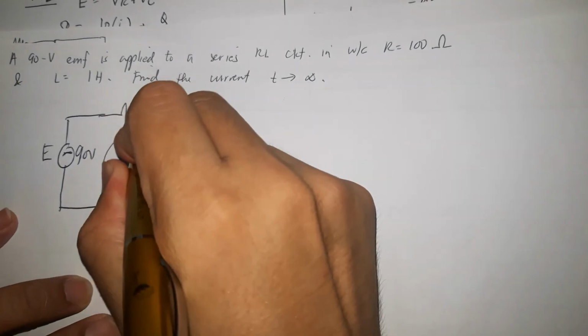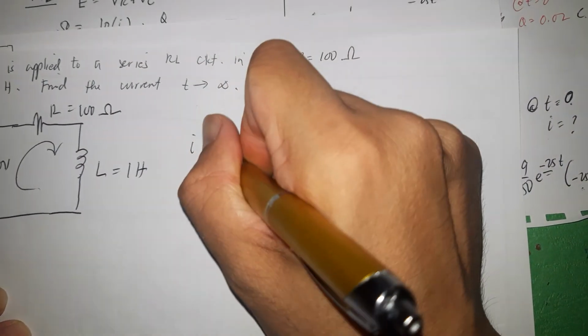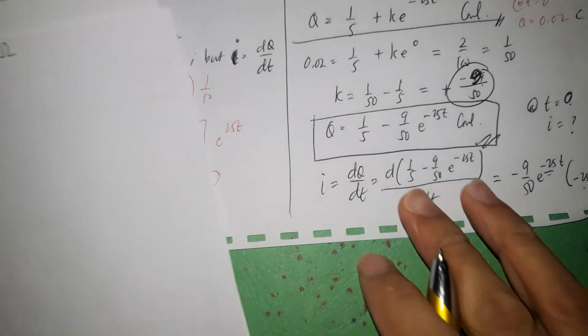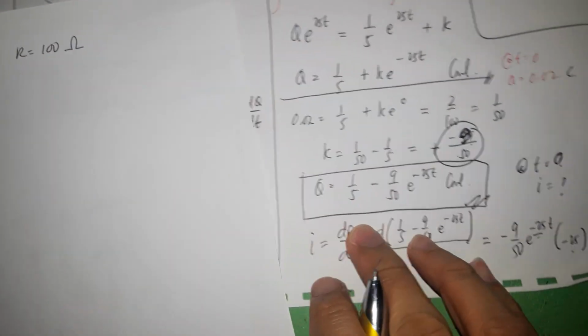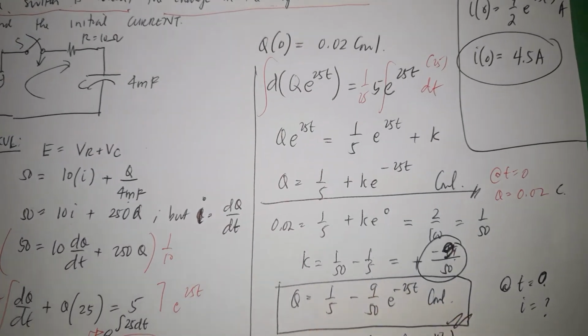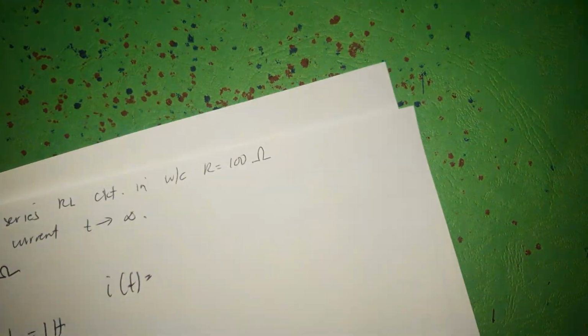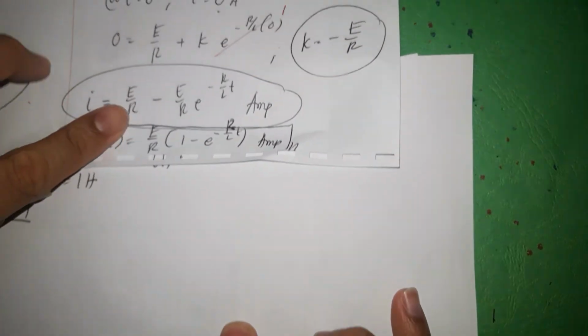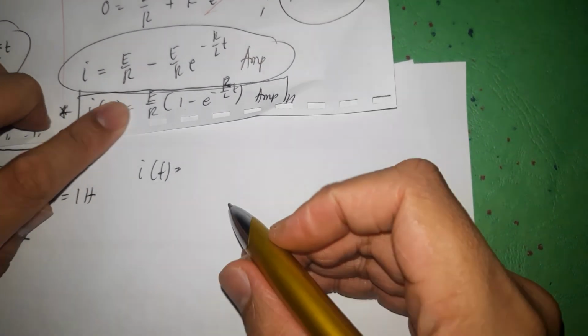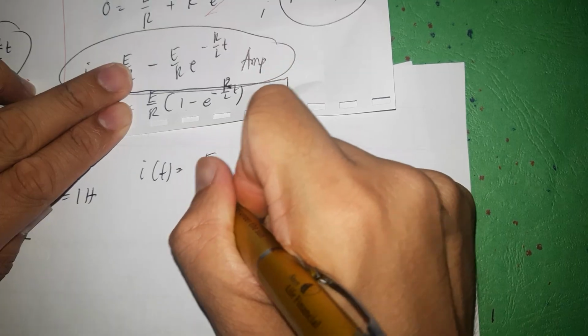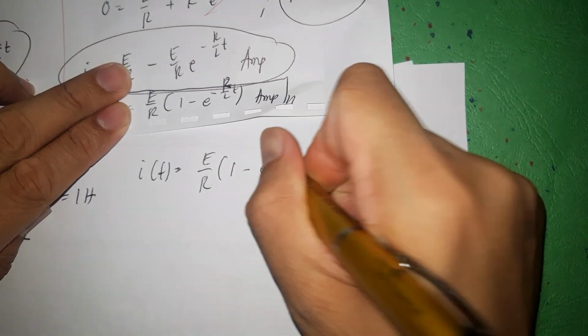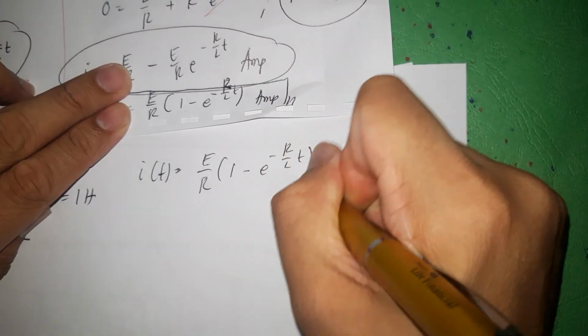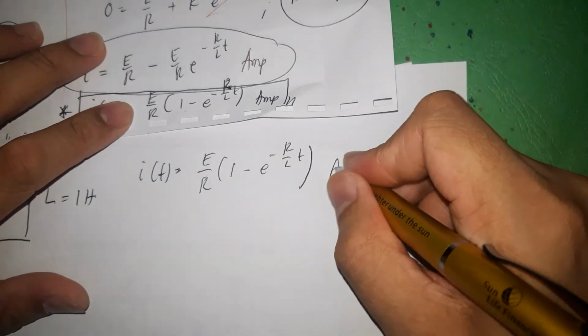We already have an expression for the current solved earlier. I of t is E over R times 1 minus e to the negative R over LT ampere.